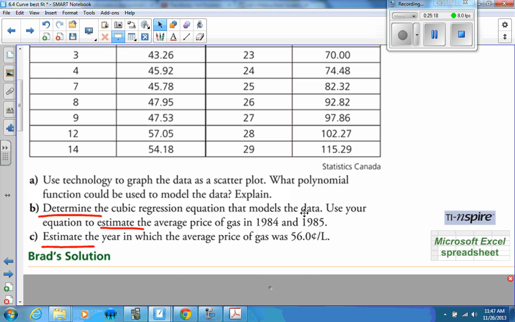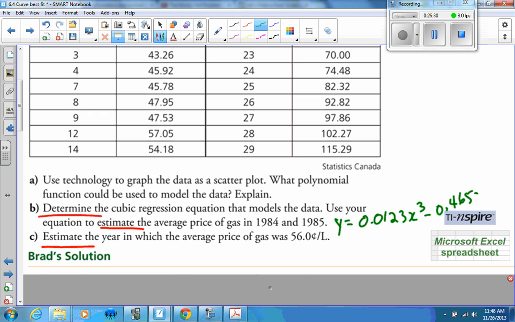So that equation, I'll just write it on here, is y equals 0.0123 x cubed minus 0.465 x squared plus 6.295 x plus 23.45.